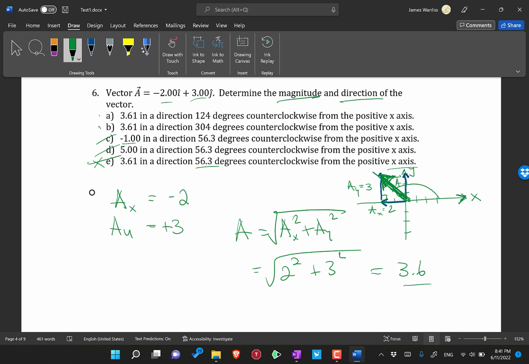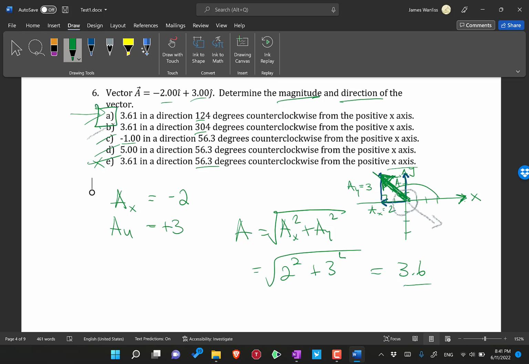Which one is it then? 124 degrees counterclockwise or 304 degrees counterclockwise? 90 to there, 180 to there, 270 to there, 360 to there, so 304 is something like that. That's not right, so it's not going to be B either. So just by default the answer is A, I know that.